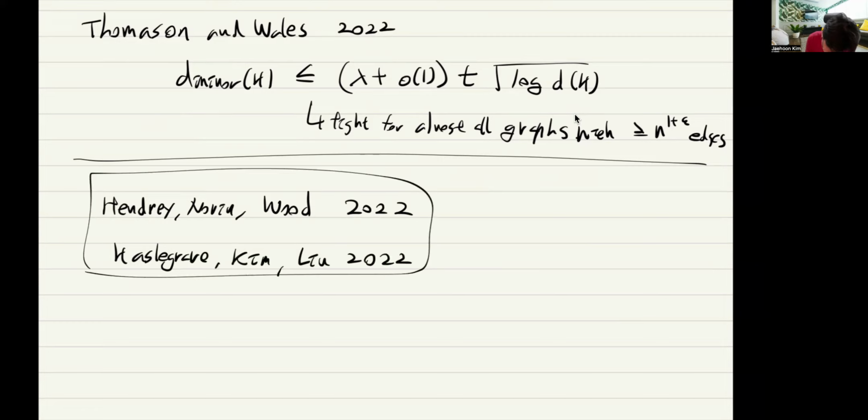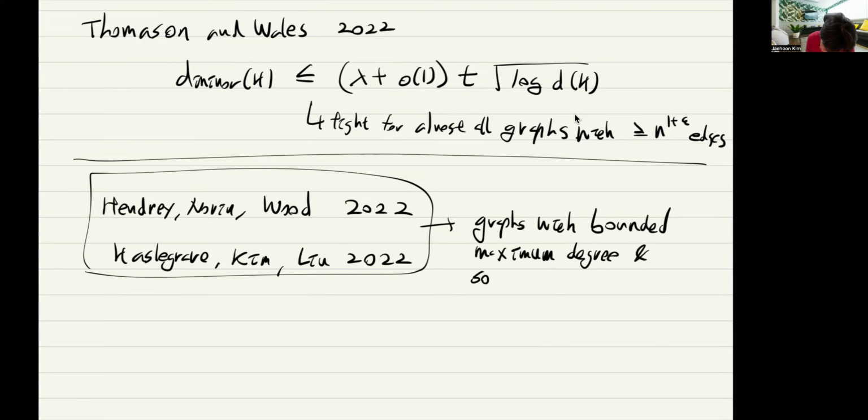They consider sparse graphs, graphs with bounded maximum degree, and some separability condition.